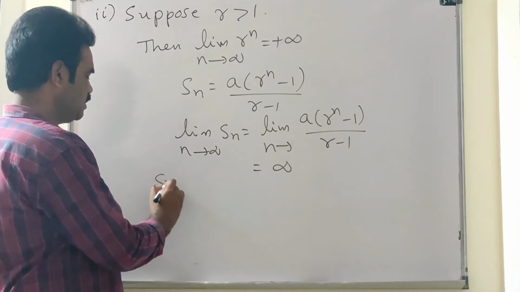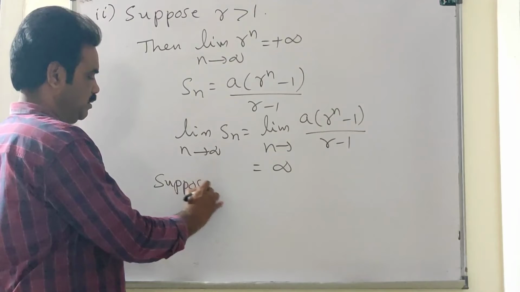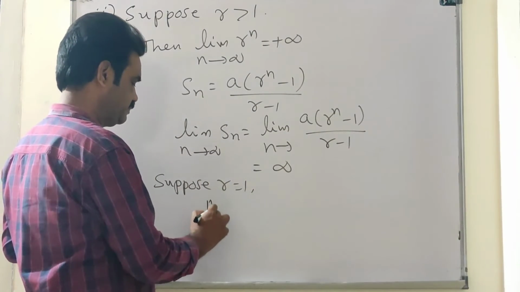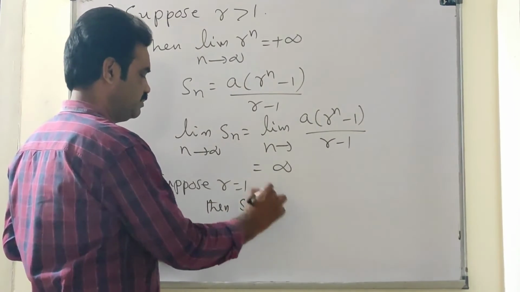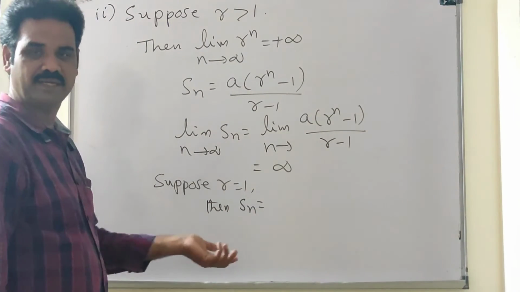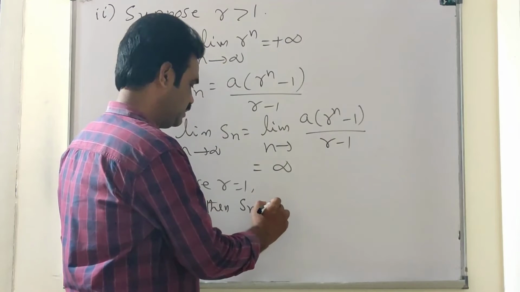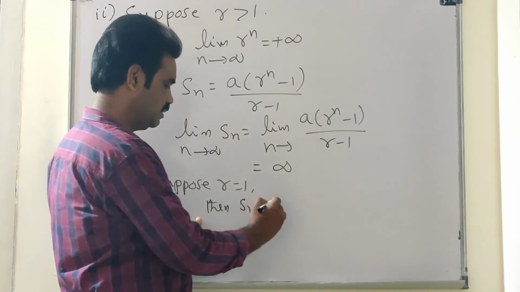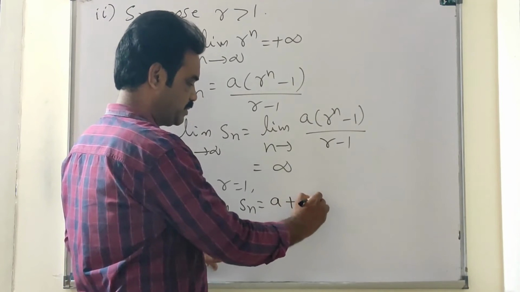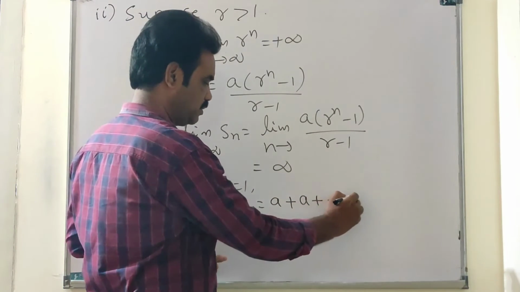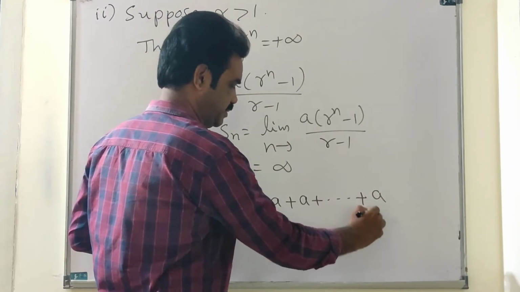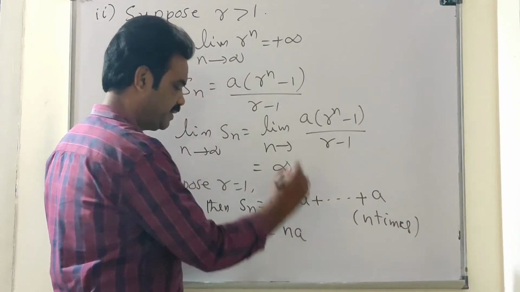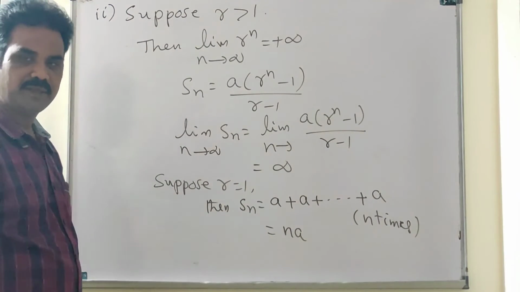Suppose r equal to 1. Then Sn, the sum of first n terms in the series, is a plus ar plus ar square and so on. But since r is 1, all the terms are a's only: a plus and so on plus a, n times. This is equal to na. Sn equal to na.